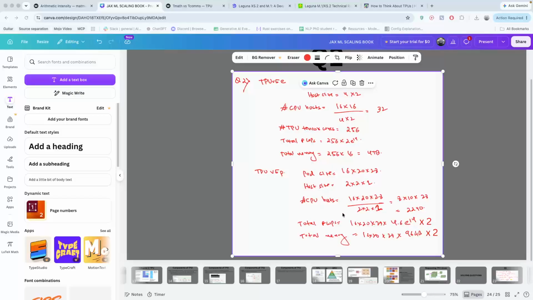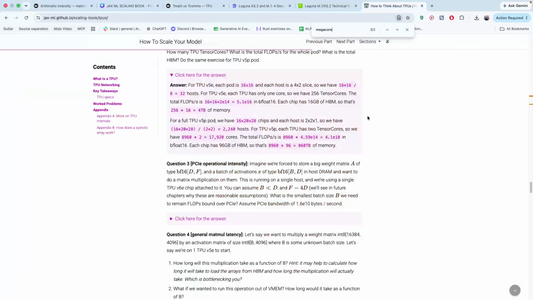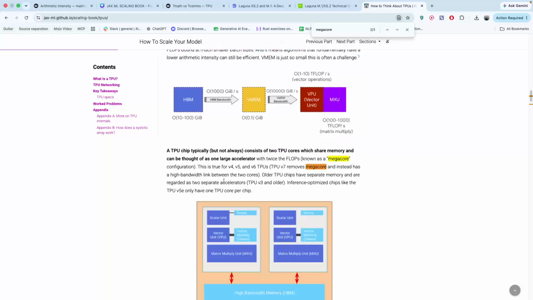So one mistake that I made here: we were discussing the TPU V5P architecture, we calculated the number of hosts, and for the flops, if you go through the megacore description, they generally have 2 tensor cores per chip.